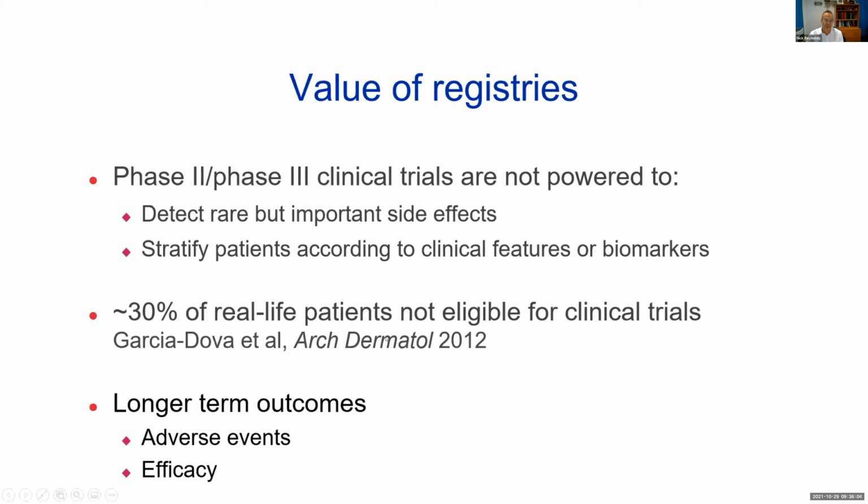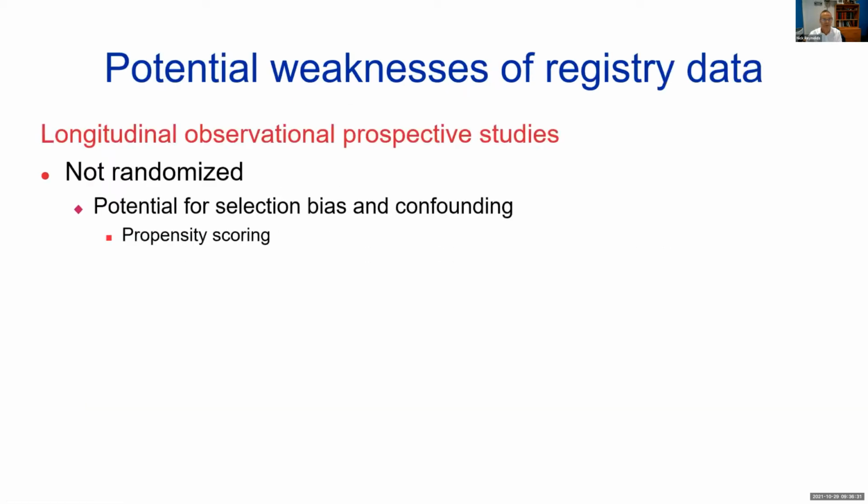One of the most important factors there is that the patients who enter trials are often different to those in real-life clinical practice, and a number of studies have highlighted this, showing that about 30% of real-life patients would not be eligible for clinical trials. And clearly, one of the important things about registries is that it allows for longer-term outcomes to be determined, such as adverse events, as well as long-term sustained efficacy, which we're all after for our patients.